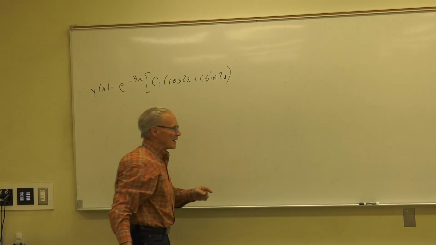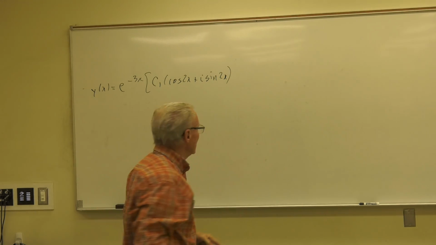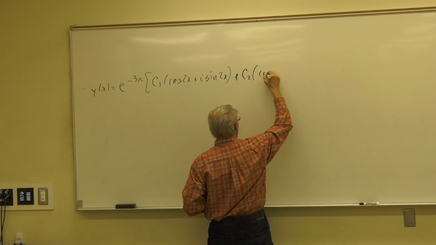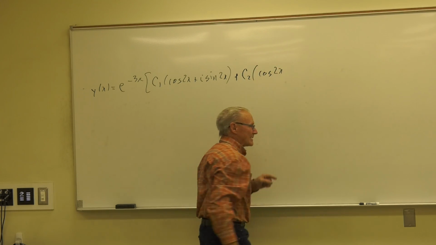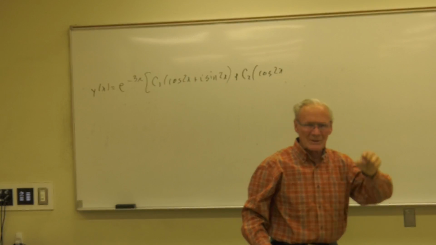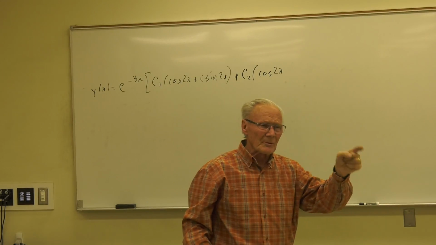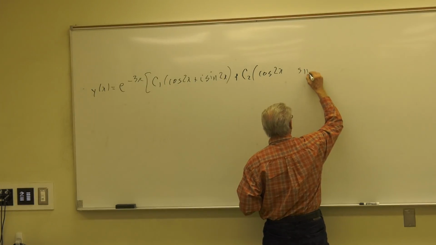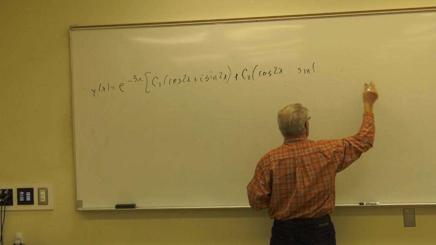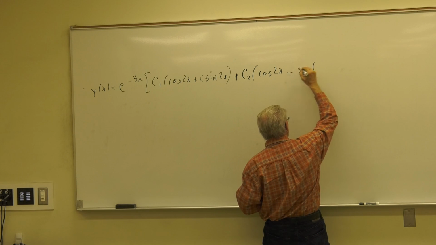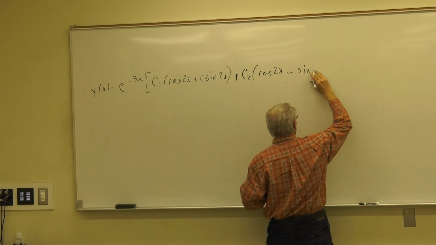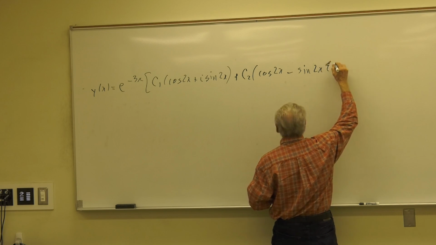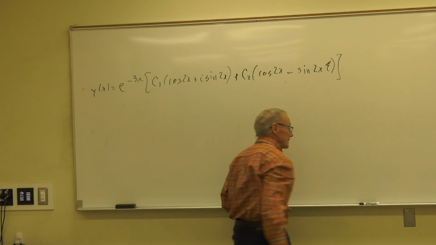That's what Euler's identity said for e to the 2xi, plus c2 times cos of minus 2x. But the cos of minus 2x is the same as cos 2x. Then I should have the sine of minus 2x, but I could pull that minus sign out and put it here. So sine 2x times i, and finish. Right?